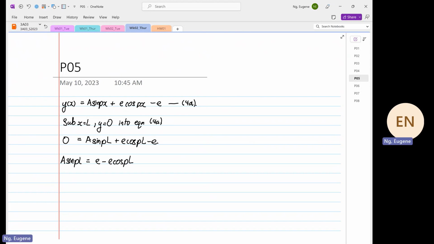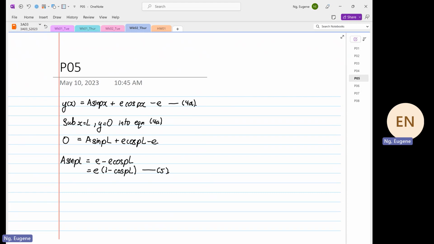And then if I were to factor this out, you have E bracket 1 minus cos PL. And this will be our equation number 5.